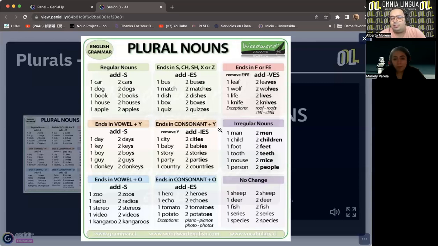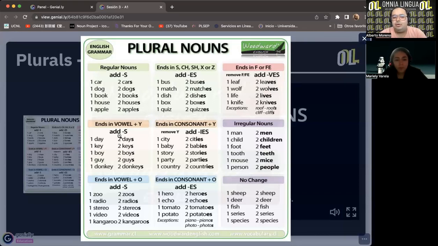Okay. So the general rule says, in order to form plural in English, we add the letter S at the end. If the noun ends in S, CH, SH, X, or Z, we have to add the ES at the end. If the noun ends with the letter F or the combination FE, we have to change this F or FE for a VES, like in leaf, leaves, okay?